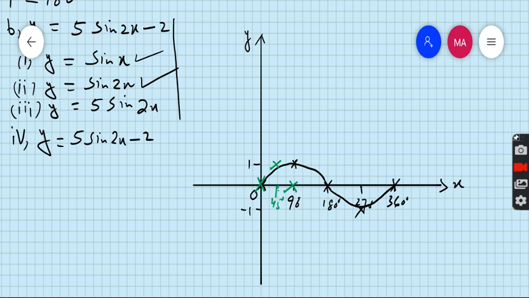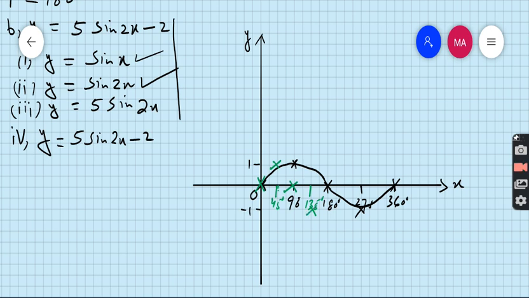Next, if we take 135, we will get 135 into 2, which is sine 270, and sine 270 is minus 1.